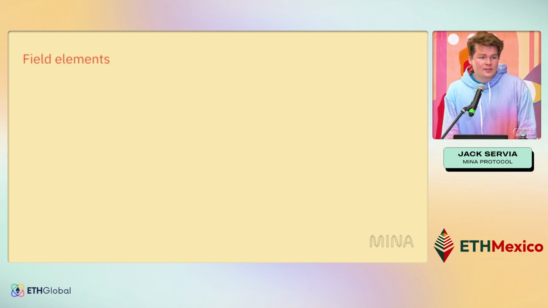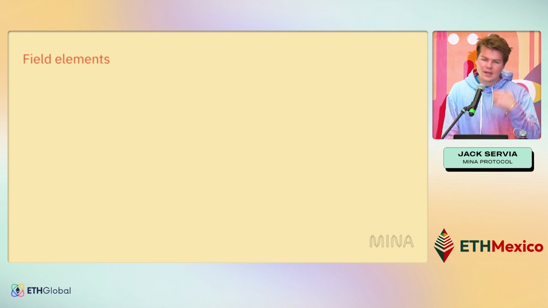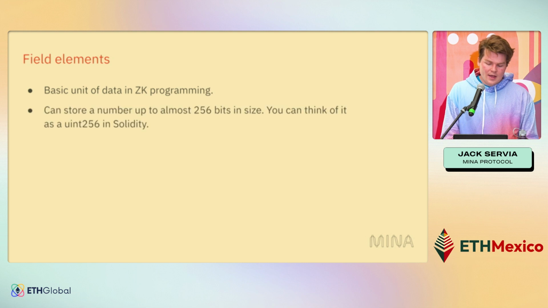It's a math problem, so it's not defined over strings or Booleans, it's defined over numbers. And in fact, a specific kind of number called an element of a finite field. It's not really important to dive into what that means. If you're curious, you can just Google it. But from a developer perspective, it works very similarly to a uint 256 in Solidity.